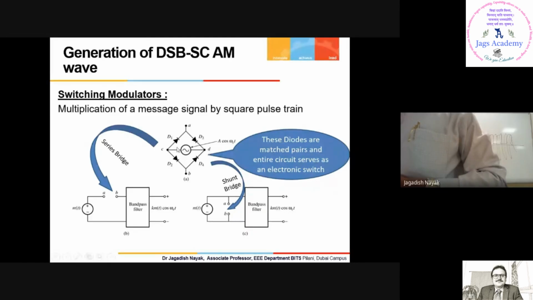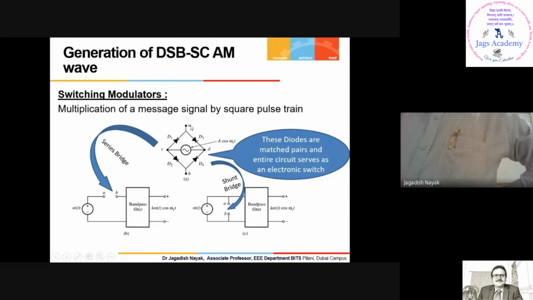During positive half cycle, which are the two diodes conducting here? D1 and D2, right? During negative half cycle, which are the two diodes? Now, is it not acting like a switch between A and B?